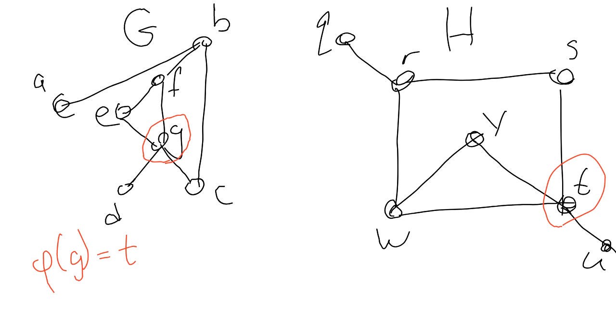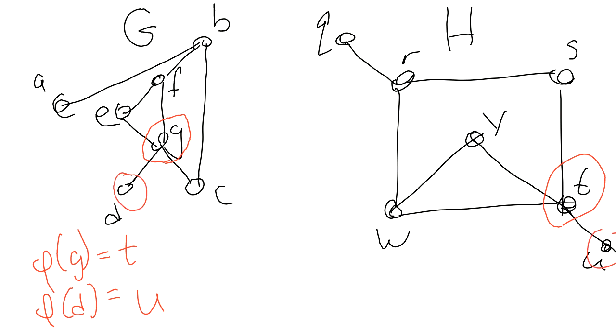So next to G, there is a degree 1 vertex, D. Looking at H, next to T, there is a degree 1 vertex, U. So D must go to U. There's another degree 1 vertex, A, but that's not next to G, so it can't be the one that's paired up with U. So we've covered these vertices.